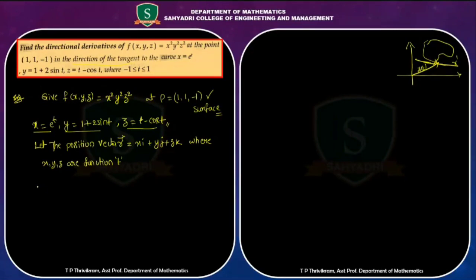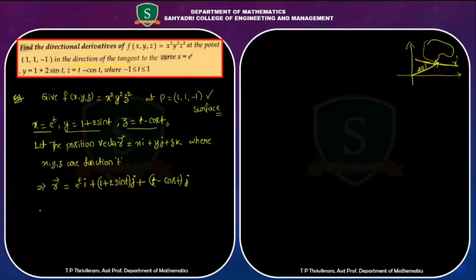Okay, so first from the r vector, r is equal to e power t i plus (1 plus 2 sin t), this is the y value, into j, plus z is equal to this much, t minus cos t, k.